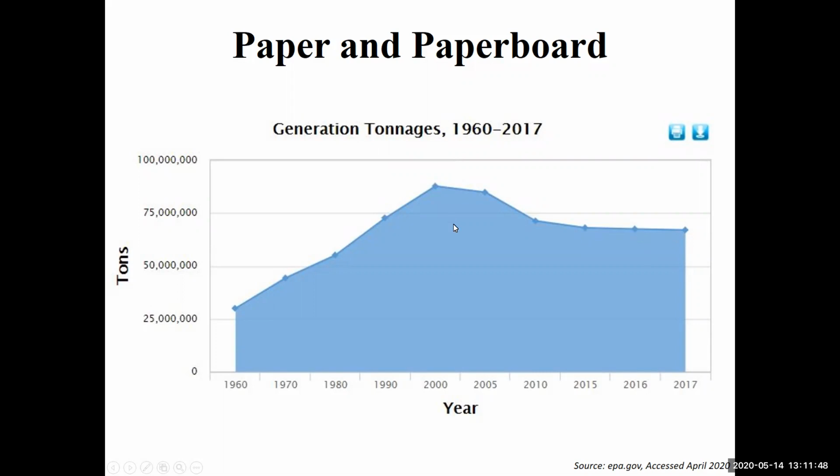That's mainly due to factors such as newspapers becoming smaller or even obsolete, or becoming digitized. There's also more use of emails, which has resulted in a decrease in the amount of paper we use, and fewer workplaces are using paper for conducting business as well.